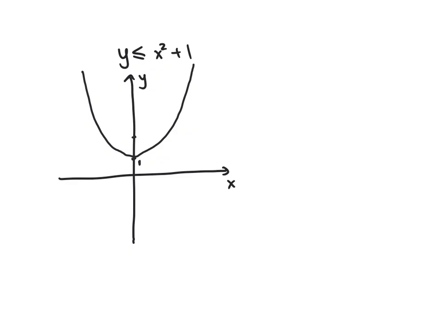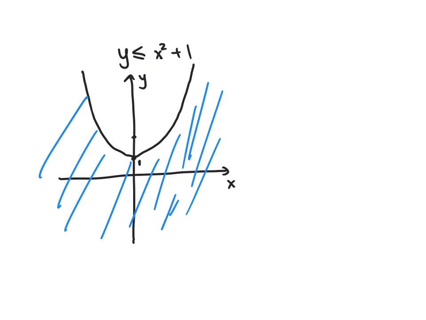So if x is equal to 0, if this is an equal sign, y equals x squared plus 1 would be 0 plus 1, which is 1. This point 2 would not satisfy it, whereas 0 is less than 1 will satisfy it. So this is the region we will shade for this one.